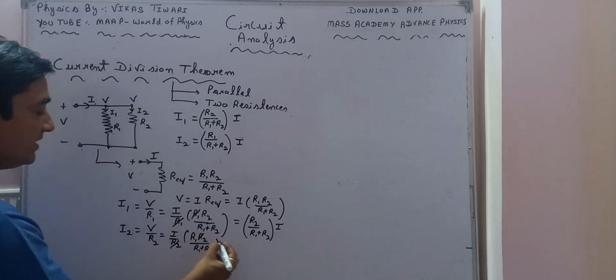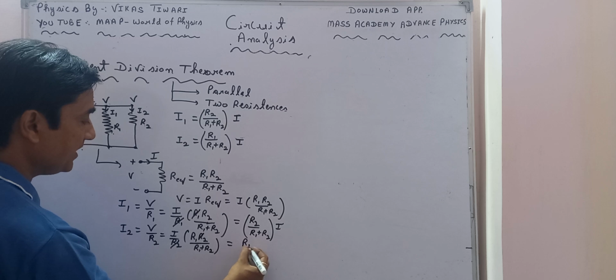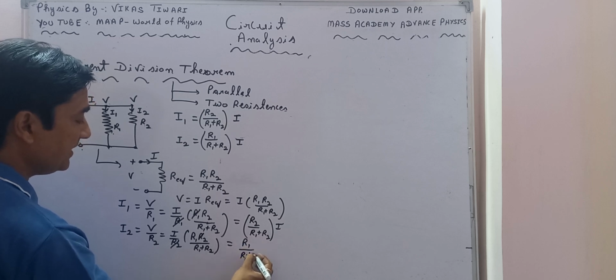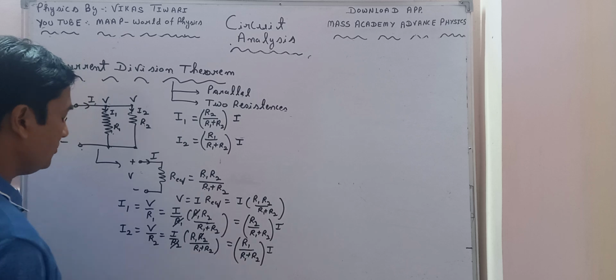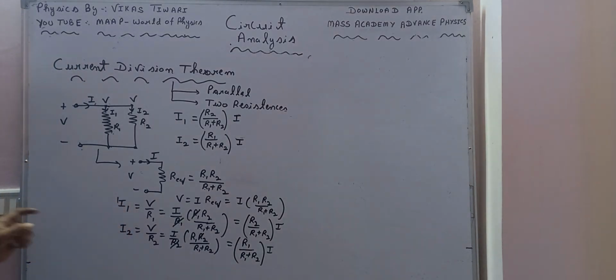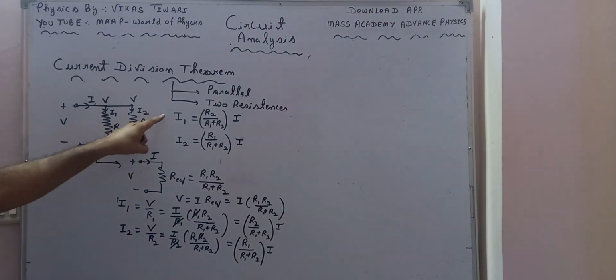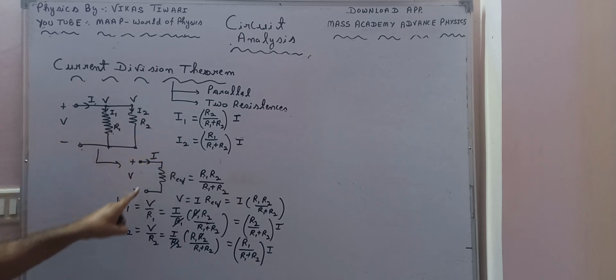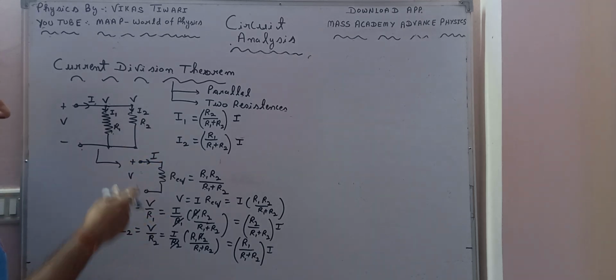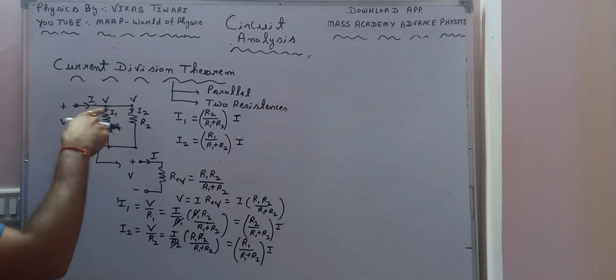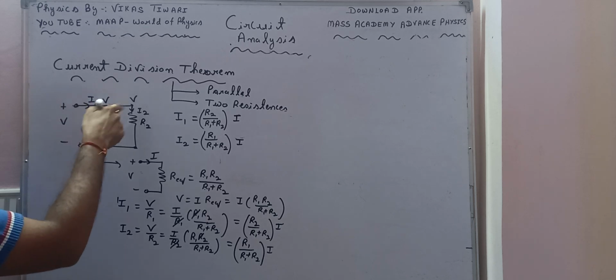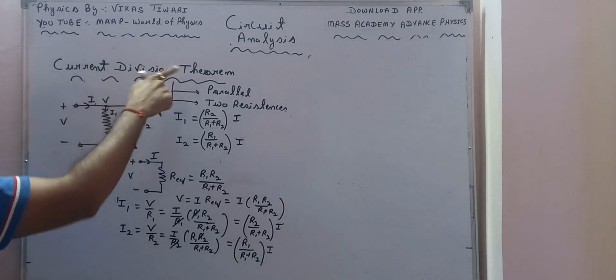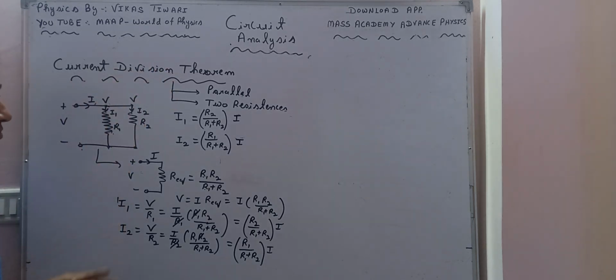So this is R1 upon R1 plus R2 into I. So these are the values of I1 and I2, and this is what I have written over here, and this is the proof. So this is the way we have justified what the current division theorem says.